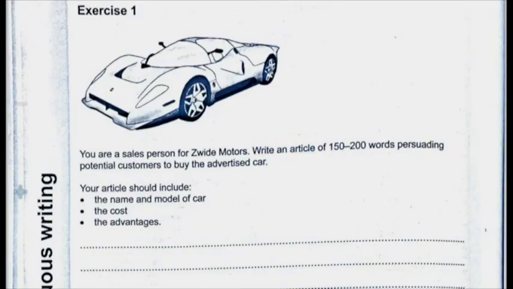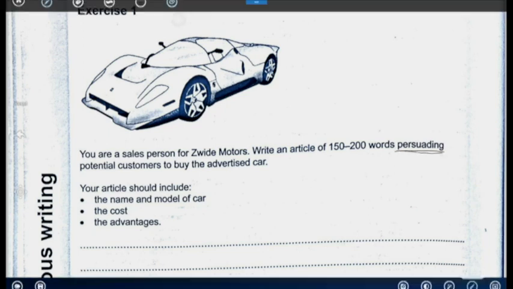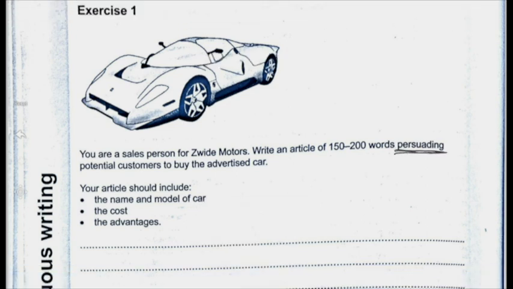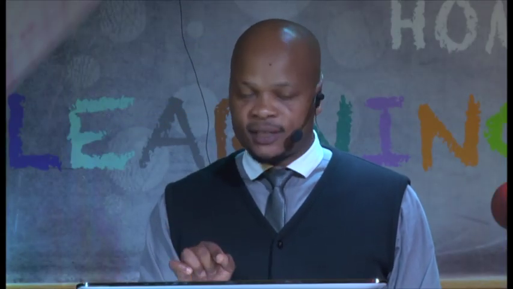So here in this case, you are looking at a scenario where the task was for you to persuade. That's what you're looking at. It says there, as a salesperson for Zwida Motors, write an article persuading potential customers.